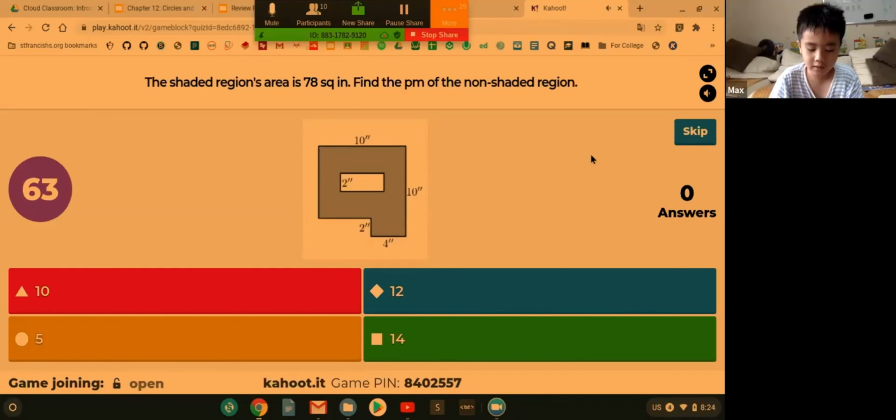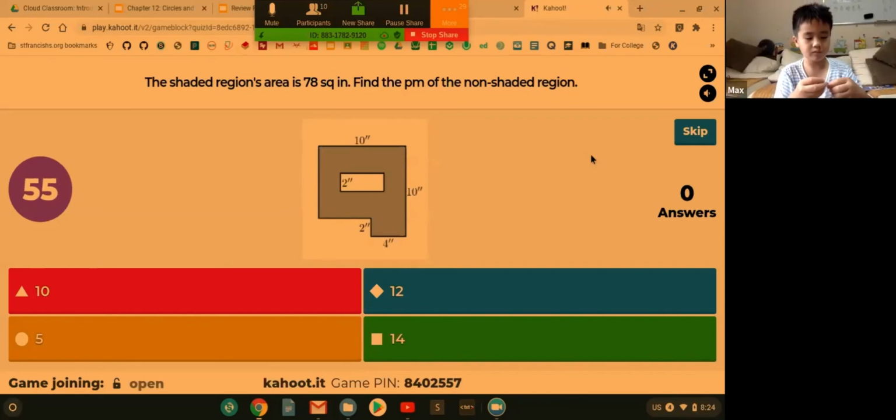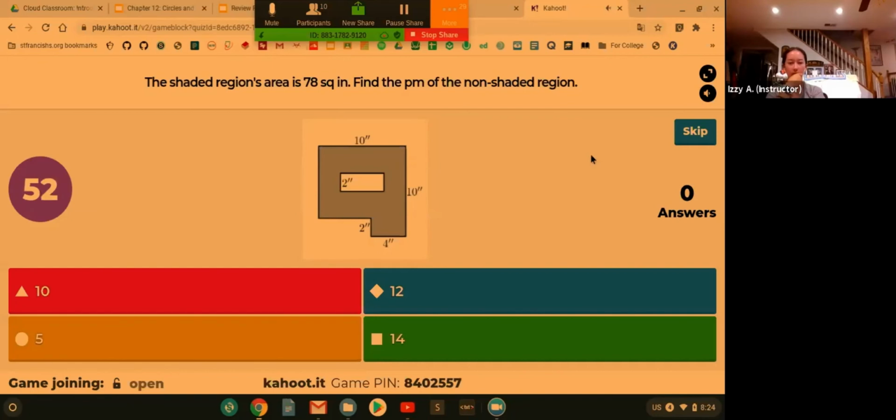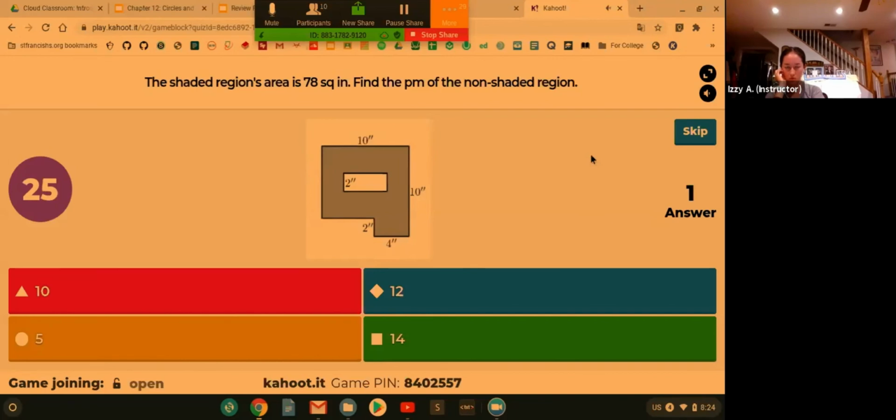The shaded area is so don't quite get it.